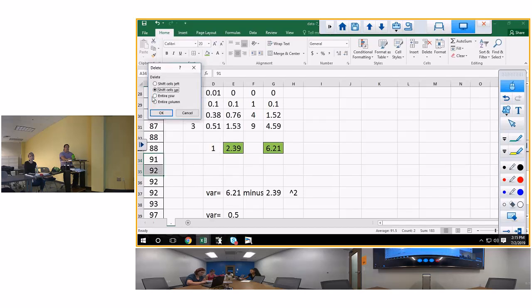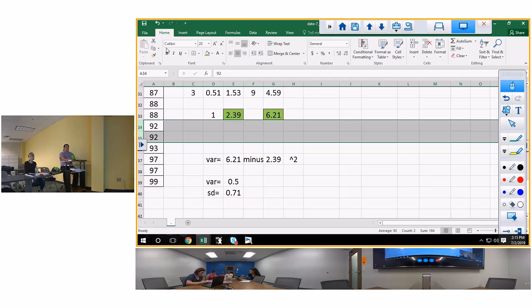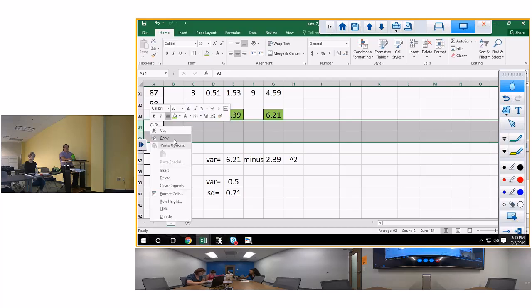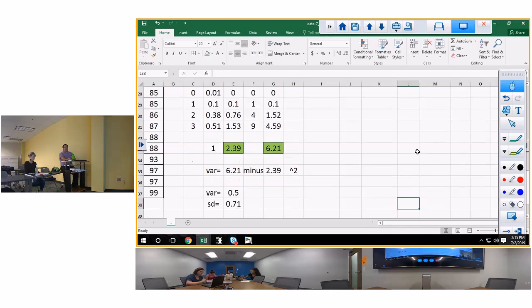Delete. Push those up. What the heck? Oh, I do. There. Delete. Not hitting on all 4 cylinders today. There we go. Okay, can y'all? It's just one of those days.